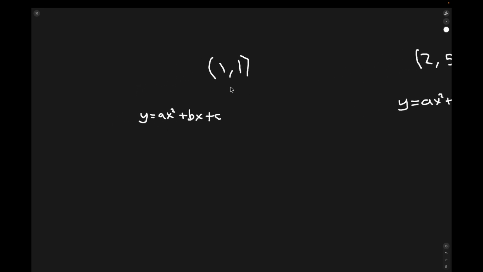For the first point, wherever we see a y, we're going to put a 1, and wherever we see an x, we're going to put a 1. So 1 is equal to a times 1 squared plus b times 1 plus c.